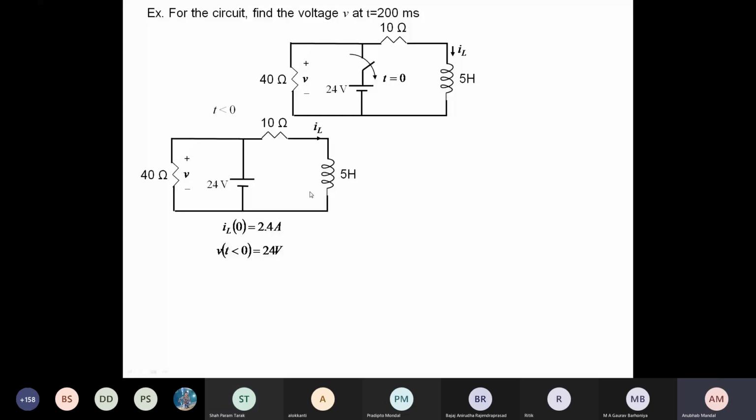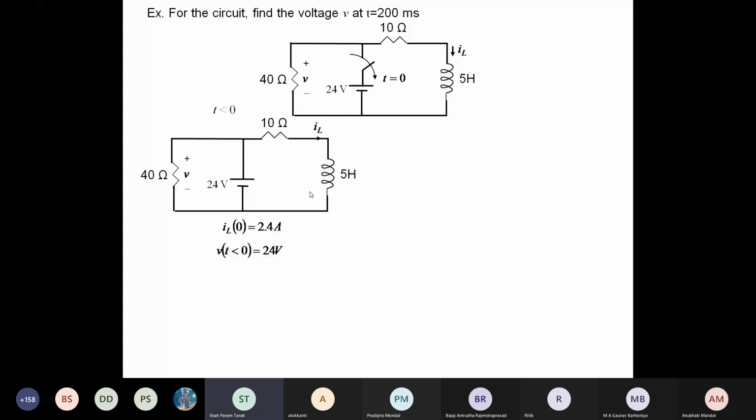Inductor is short circuited at that time, because it is DC. At t equal to 0, it is 2.4. For t less than 0, a constant current is flowing through the 10 ohm resistance, so its value is 2.4.